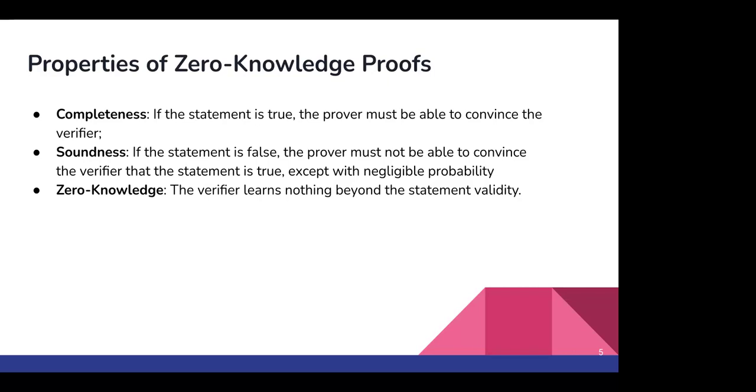The second property is soundness: if the statement is false, the prover cannot cheat the verifier, except with negligible probability. The third one is zero knowledge: the verifier learns nothing beyond the validity of the statement. These three salient properties made zero knowledge proof a powerful tool that can be used in a wide range of applications.